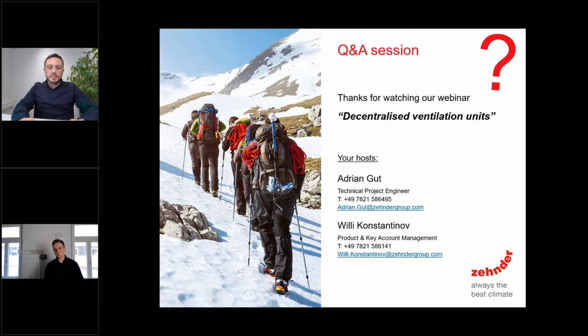At minus 20 degrees, the unit turns off because there would be a risk of freezing the heat exchanger, and that could damage the exchanger. We do not have a preheater for our decentralized units because they are too small; there's no space for a preheater. So at minus 20 degrees, the unit is in standby mode. It only works until minus 15 degrees.